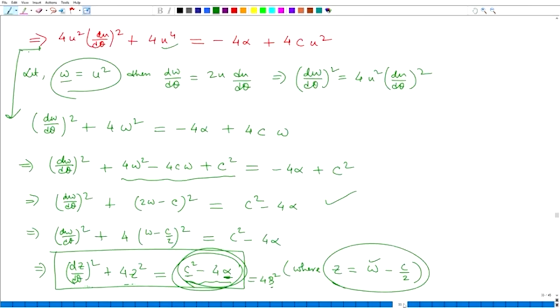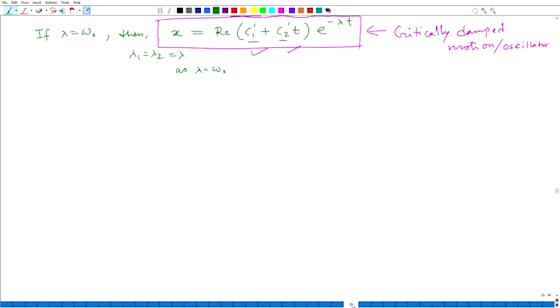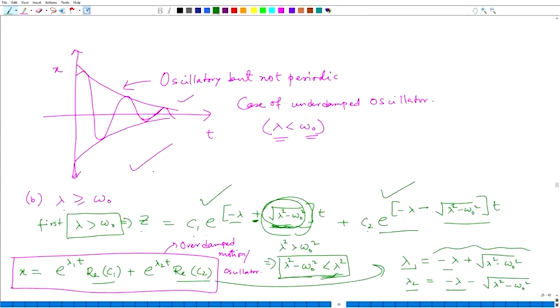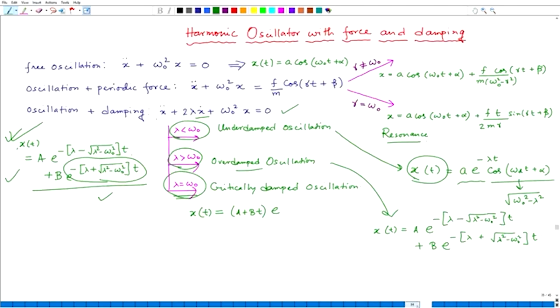I have to just check the symbols. Okay, yes, the symbols are okay. I just use the same b e to the power minus lambda t, because you see that in this case, lambda square minus omega 0 square has vanished.